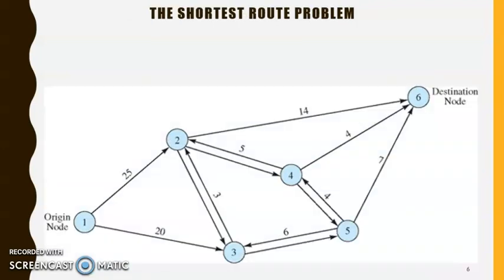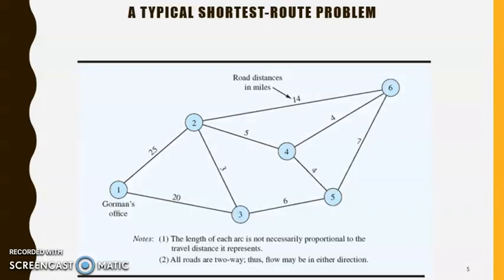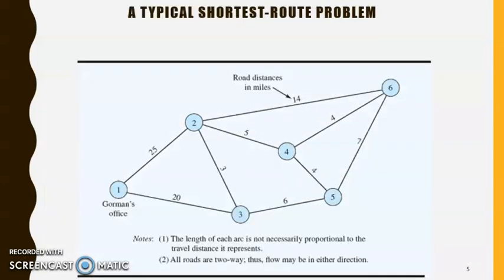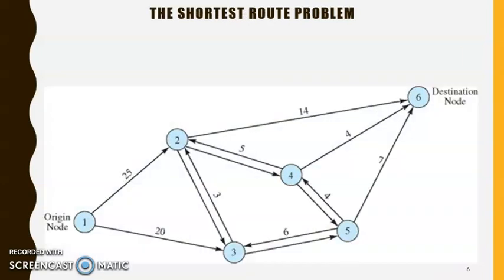I stopped the video here. So in fact, you should pause the video and check what is the difference between these two graphs that you see in front of you before I explain more over them. As you notice, they are completely the same except the direction of the arcs.